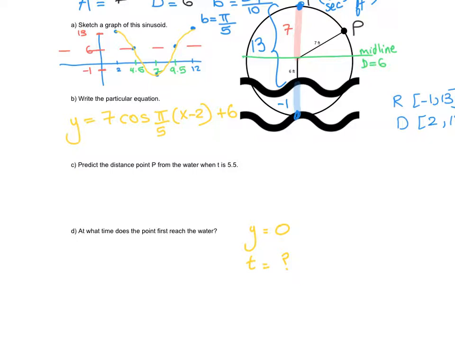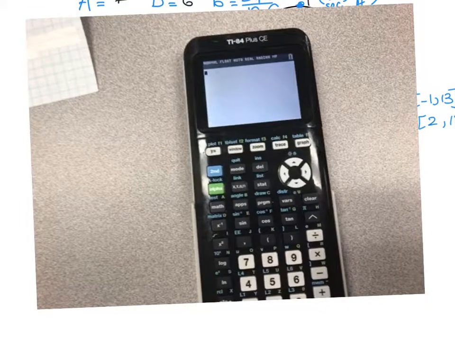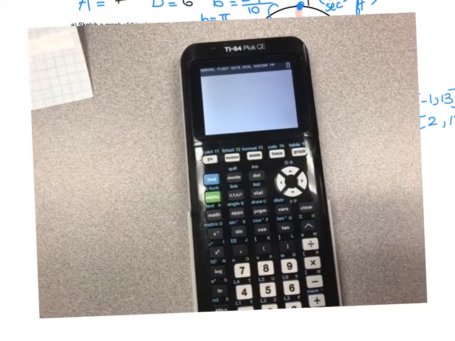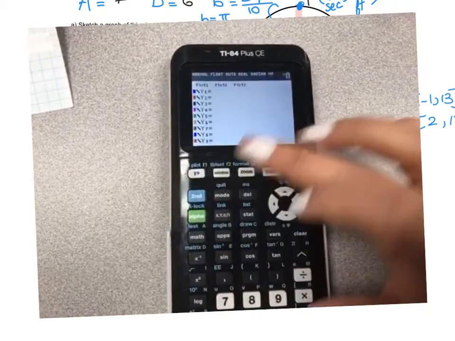Okay, so let's grab our calculator. I need to record the video. There you go, and I need to flip it. Okay, there you go. So what I need to do is go to y equals and put the equation in.